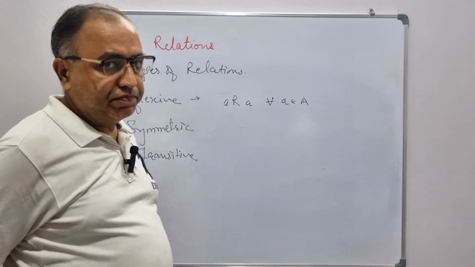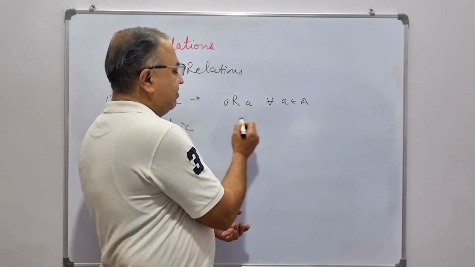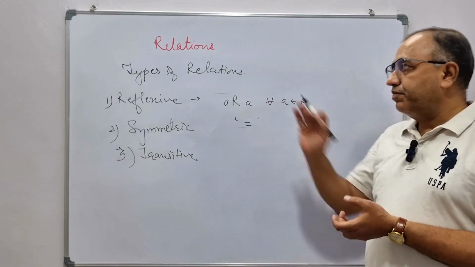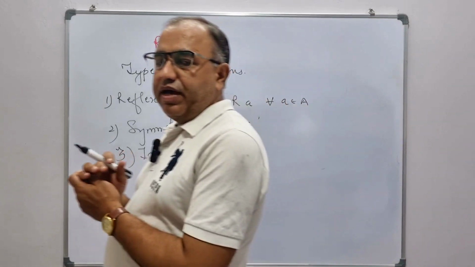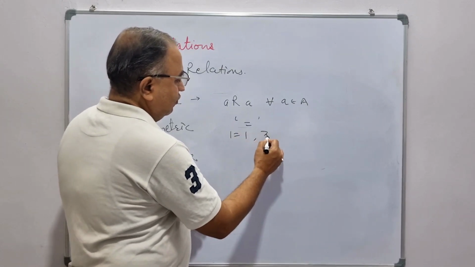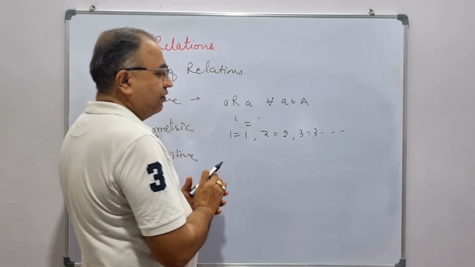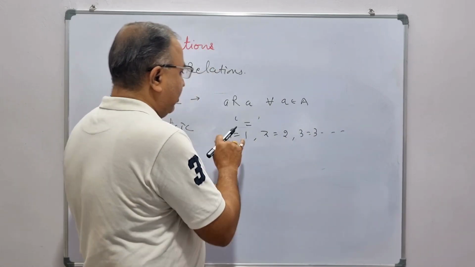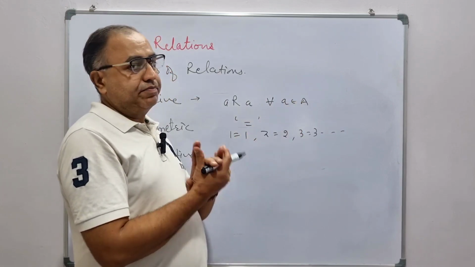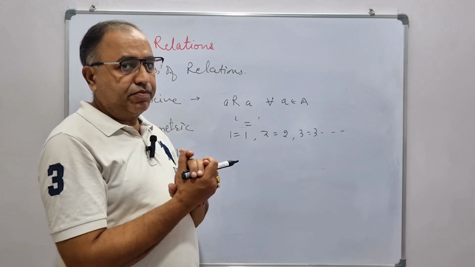For example, if you define a relation of equality, A is equal to B, in the set of numbers, then it is reflexive. Why? Because each number is equal to itself. 1 is equal to 1, 2 is equal to 2, 3 is equal to 3, like that. So every number is equal to itself. That means the relation is reflexive. So it should be true for all the entries of set A, that A is related to A, then only the relation is said to be reflexive.